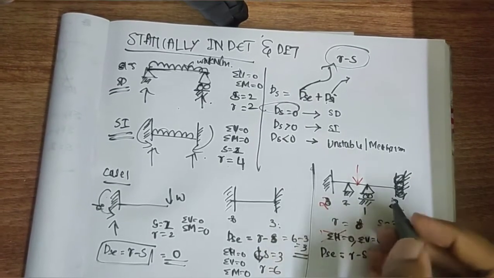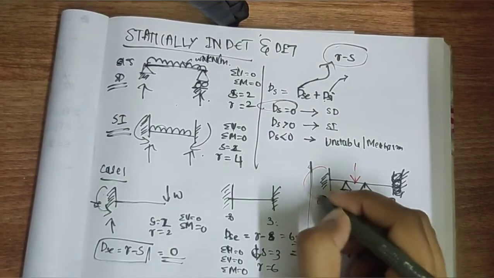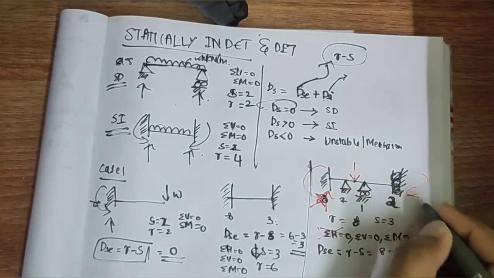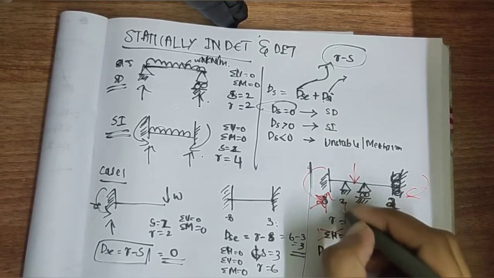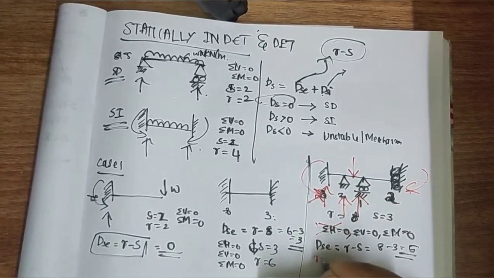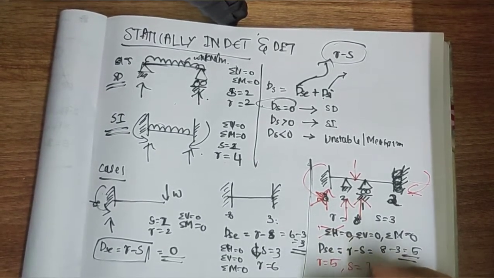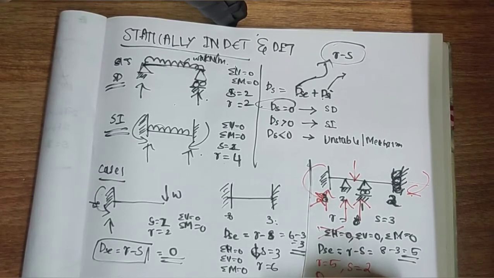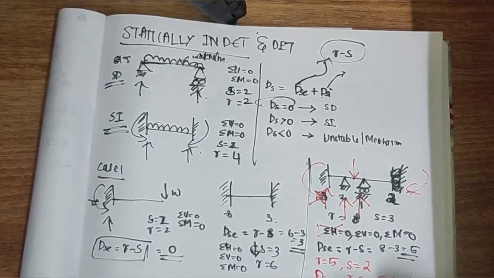Here it will be 2 plus 2, and there won't be any horizontal reaction. So reactions equal 5, and S is summation of V equal to 0 and summation of M equal to 0, so 2. Statically, external indeterminacy is R minus S, so 5 minus 2 equal to 3.